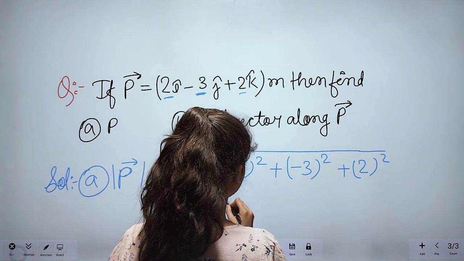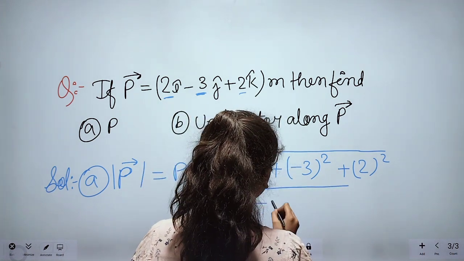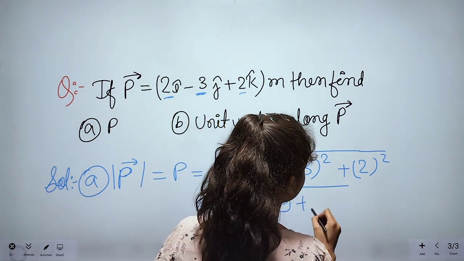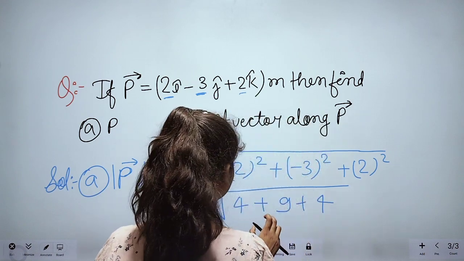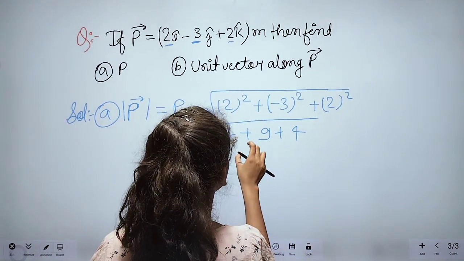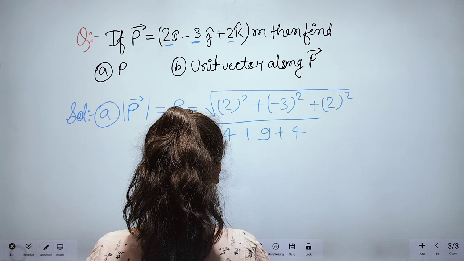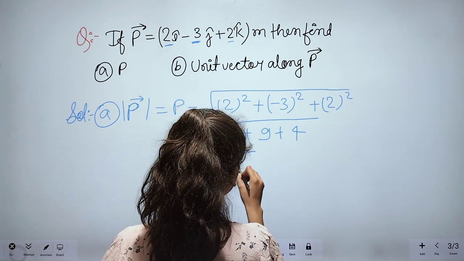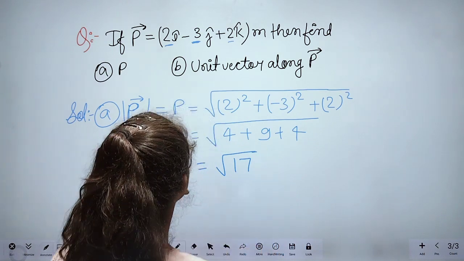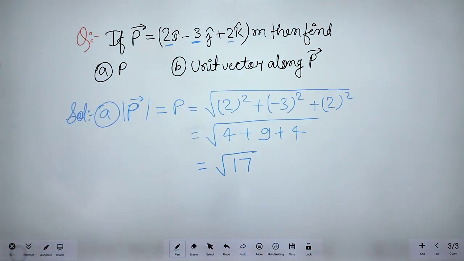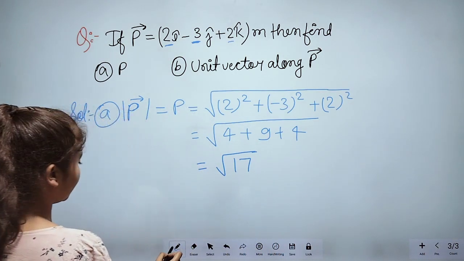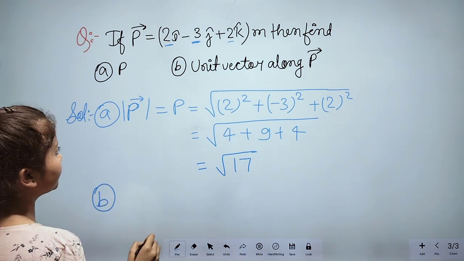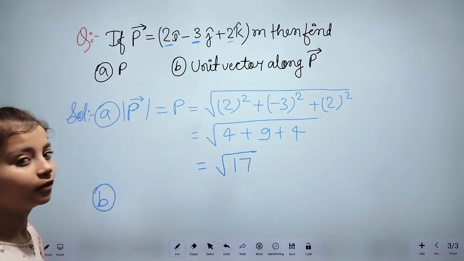Now 4 plus 9 plus 4 is equal to root 17. Okay, I hope you understand this question. And next is the unit vector along P vector.